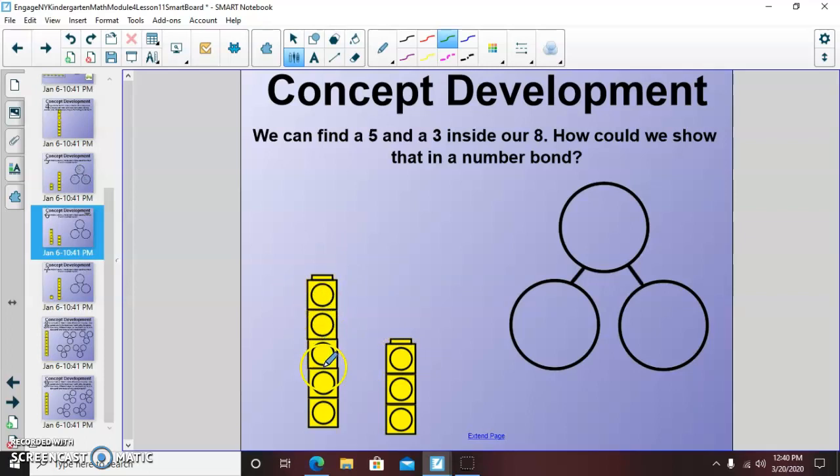1, 2, 3, 4, 5. Very good. Now remember, this only has 1 line going to this circle, so I know I can put a part there. And it's 5. Now let's do this one. 1, 2, 3. Very good. We're going to write a 3.